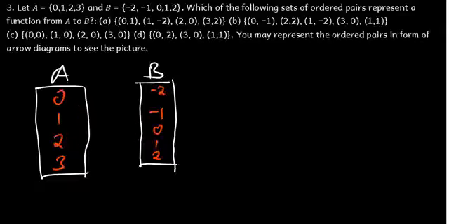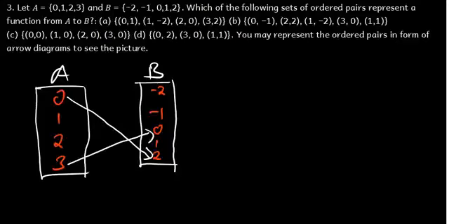So part D is 0 comma 2, which is there. Oh, it's 0 comma 2, not negative. 0 all the way to 2. Next is 3 comma 0, so my 3 is here comma 0.